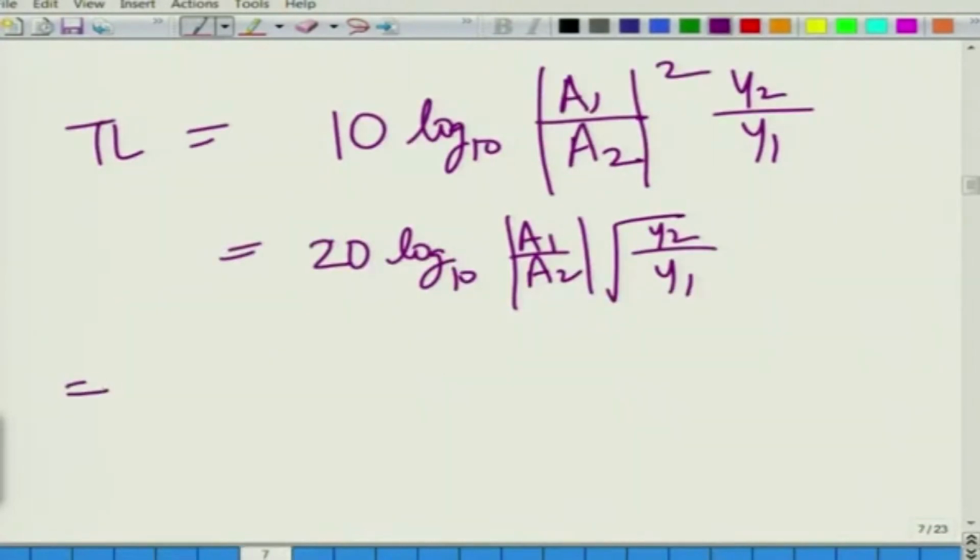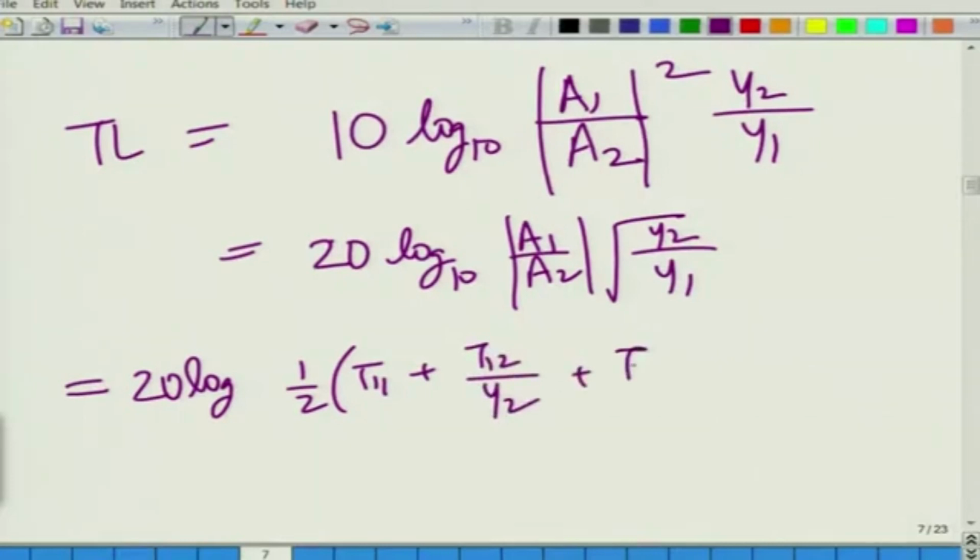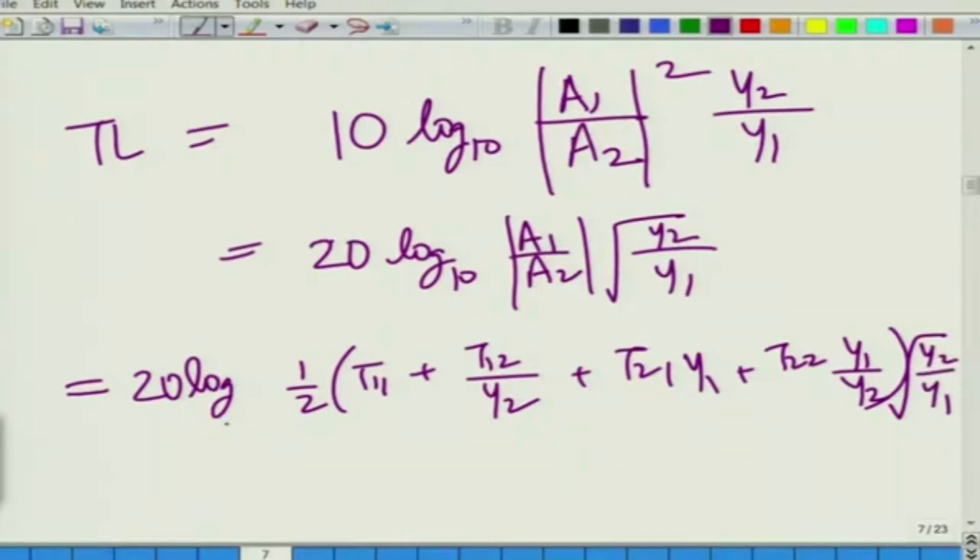We get 20 times log half of T11 plus T12 by y2 plus T21 into y1 plus T22 y1 by y2, but remember you also have root over y2 by y1 sitting here. So, this would be somewhere here, and the entire thing mod.